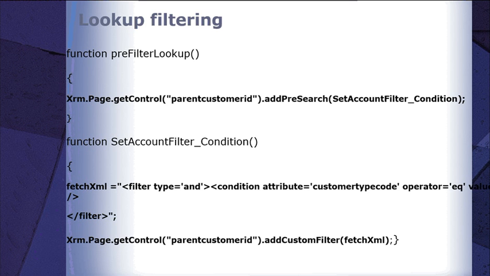You can have this function on form load, or you can use it on change of some fields. Once this function is called, it will associate this pre-search, and then again it will call the function that applies your filter criteria, and based on that your lookup view will be filtered for you.